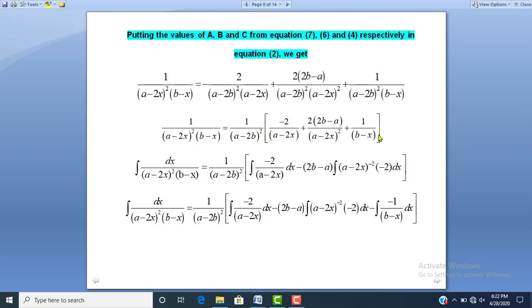Dear students, to further solve this equation, we will integrate it. Here is the sign of integration.